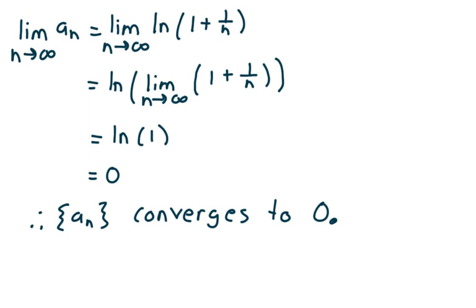And so from here, we can say that the sequence converges to 0. And that's how you do example 5. And what I'd like to do for this video, I want to go over one more example. And that right there is example 6.